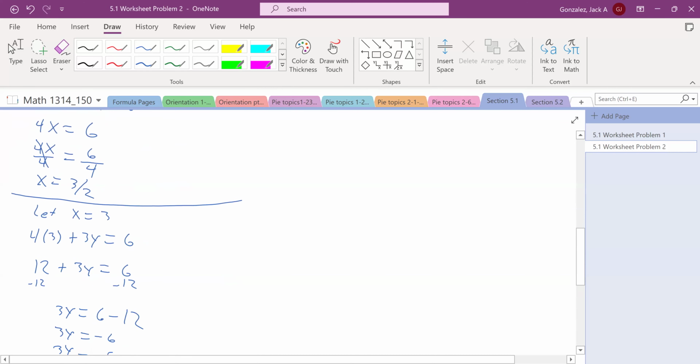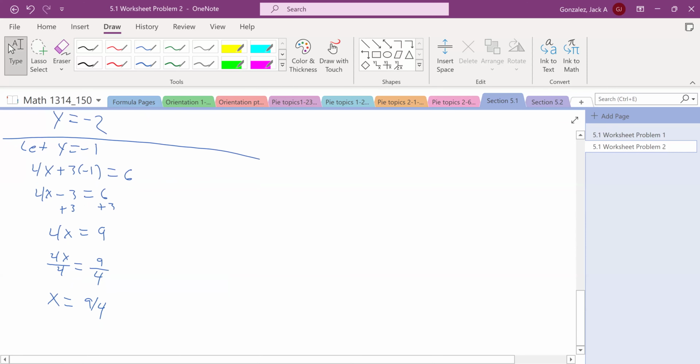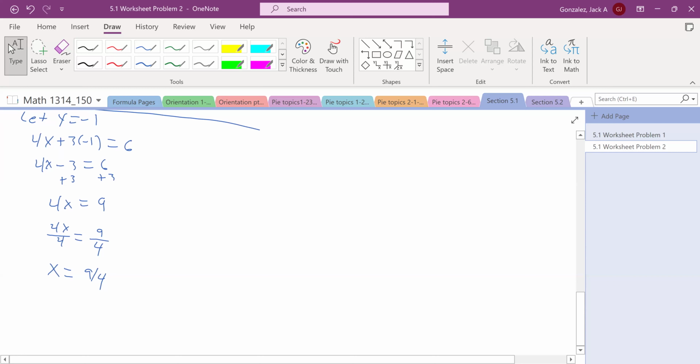Doing the algebra that you were practicing for 2 weeks, right? That's all we're doing, applying it to the first 2 sections of the class. Well, we should graph it.